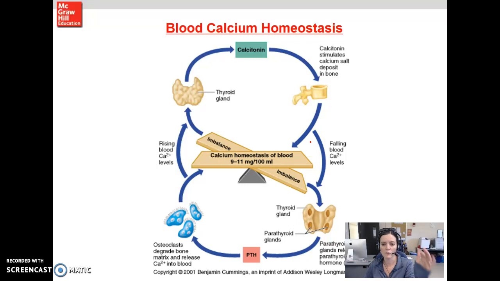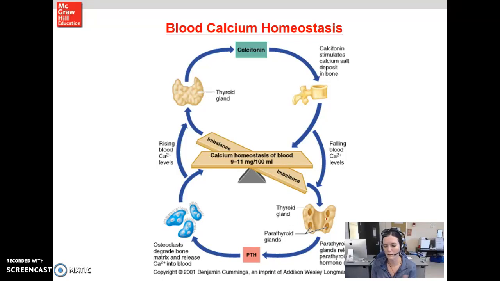Now, maybe the opposite has happened. Maybe we have too much calcium that's been deposited, or we have a decrease in blood calcium levels for some reason, and now our blood calcium levels go too low. So here, another set of glands, called the parathyroid glands. They're actually little bitty glands that are embedded in the backside of the thyroid. They are separate glandular tissue, but they are in with the thyroid.